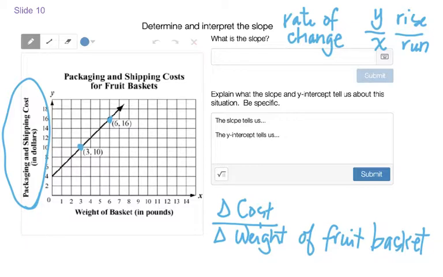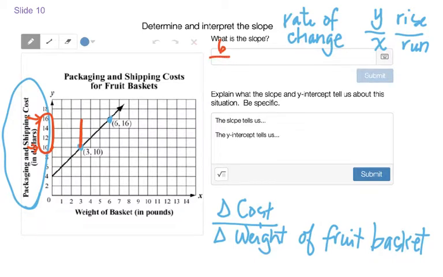So remember, I'm going to look at the rate of change, or the change in y. So my vertical axis is the change in y. So take a look at the numbers on the graph. We start at 10 and we go to 16. What is the change in those numbers between 10 and 16? You're going to hopefully note that it is 6.